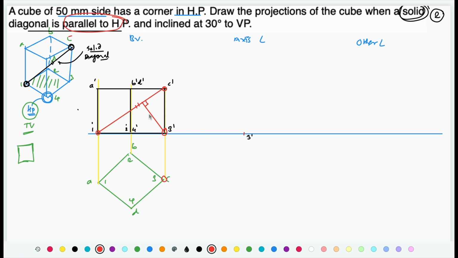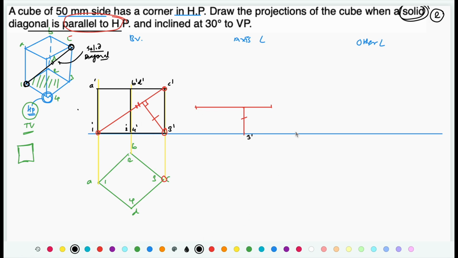So from 3 I will draw that perpendicular line first. The length of those segments should be the same, and from there I will draw this horizontal line which is going to be equal to the length of this solid diagonal.